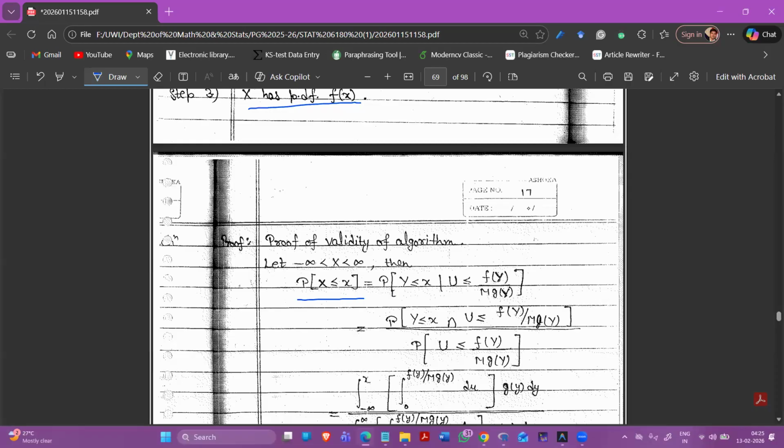So how will you find this probability? It is a conditional probability.